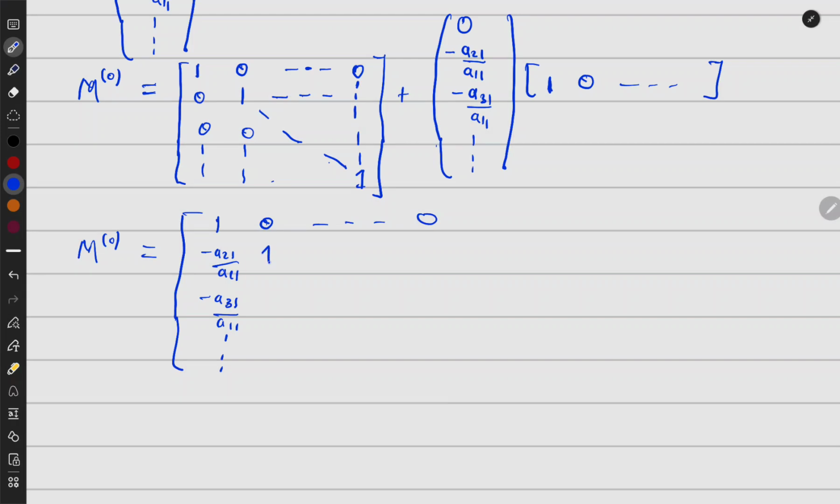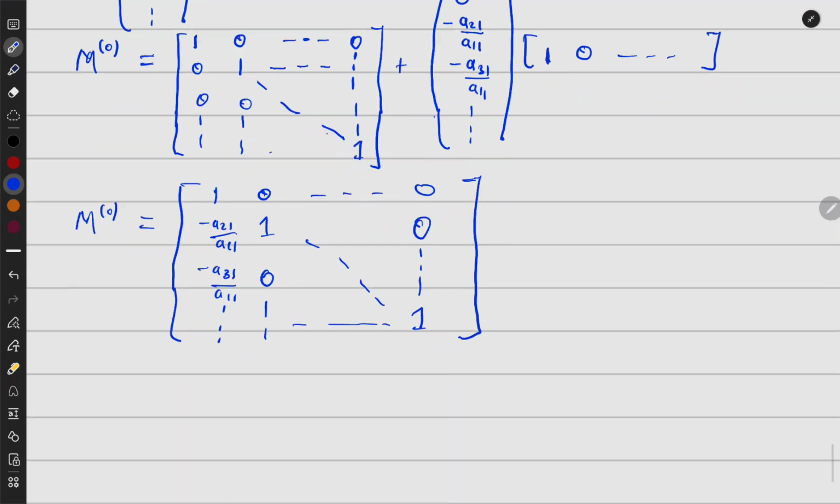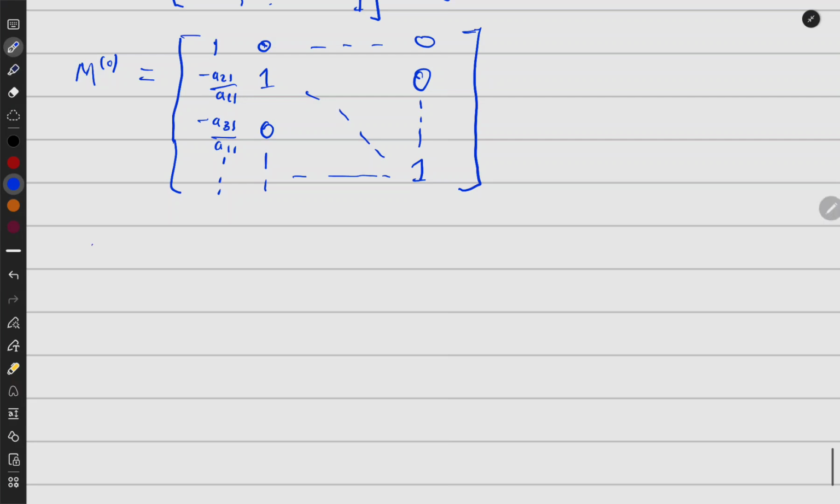This will remain a 1. This will be 1. These ones remain zeros. Something like that.